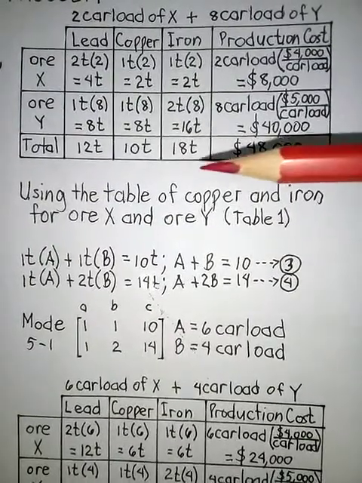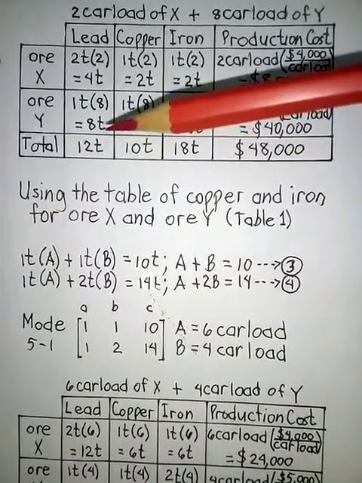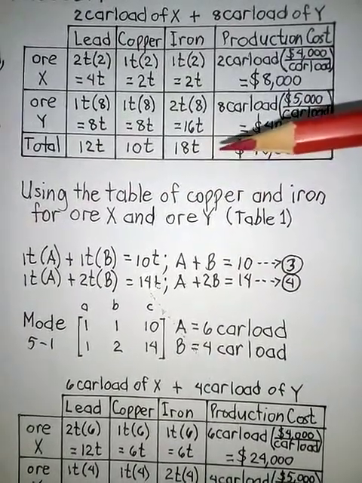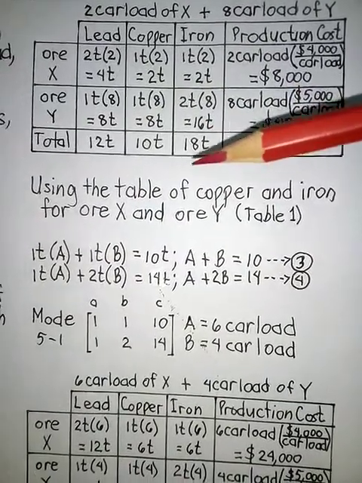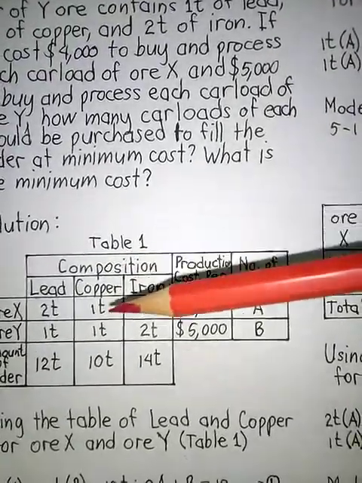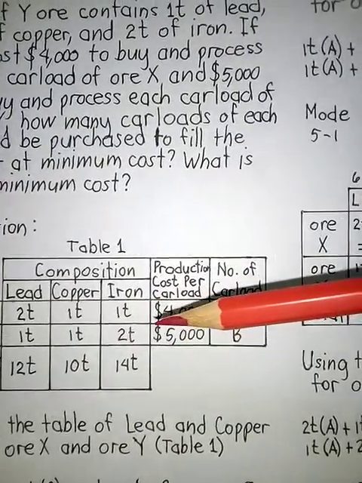So these are valid values in our table, because the client needs 12T of lead, 10T of copper, and 14T of iron.